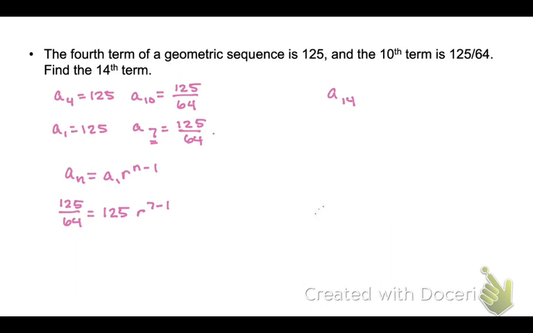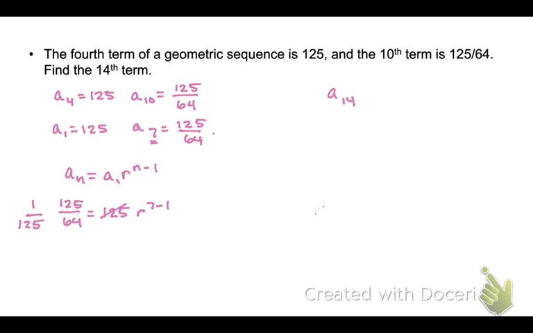Okay, so I have to solve this for r. That's what I'm doing, right? So I would divide by 125 or multiply by 1 over 125. My screen is acting up.